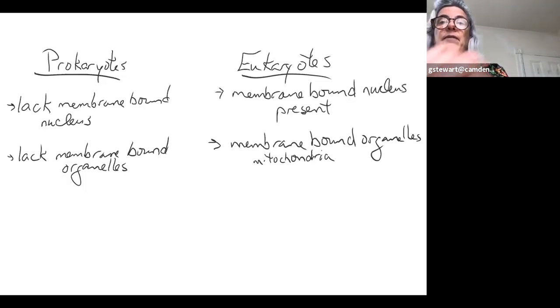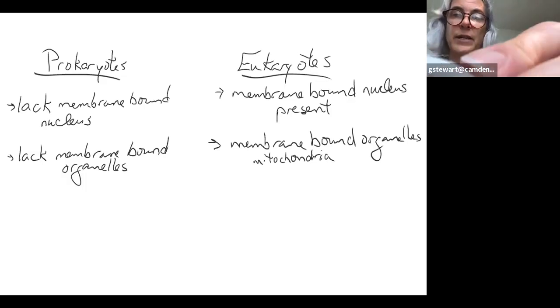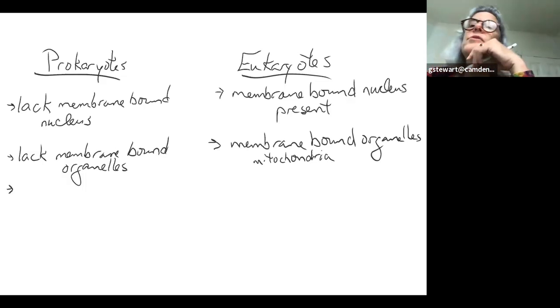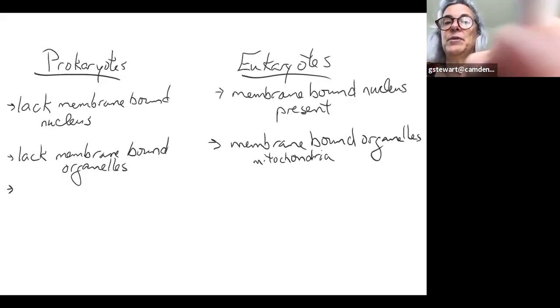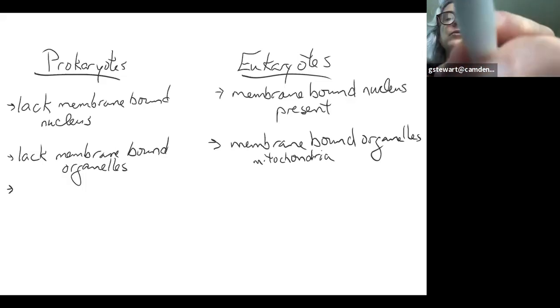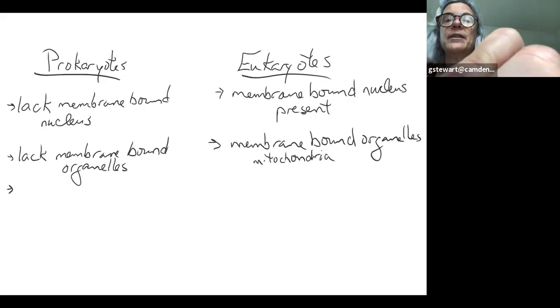I'm checking to see if anybody else has volunteered anything; no one has. After the presence of a membrane-bound nucleus and membrane-bound organelles, there are several other things that differentiate prokaryotes from eukaryotes, particularly that they have a single chromosome.